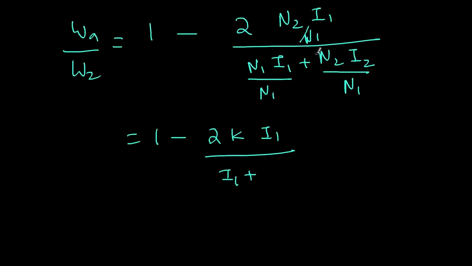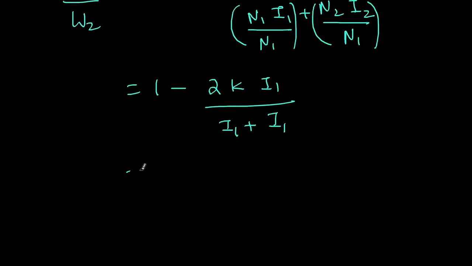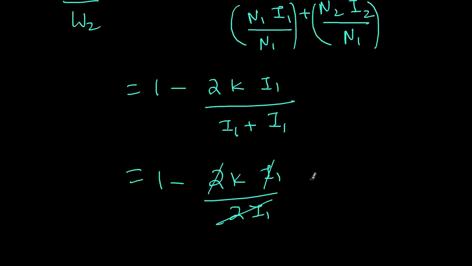This whole thing is nothing but I1, and this whole thing is also I1. Therefore I get 1 minus 2k I1 divided by 2I1. The 2I1 will cancel, and finally I get 1 minus k.